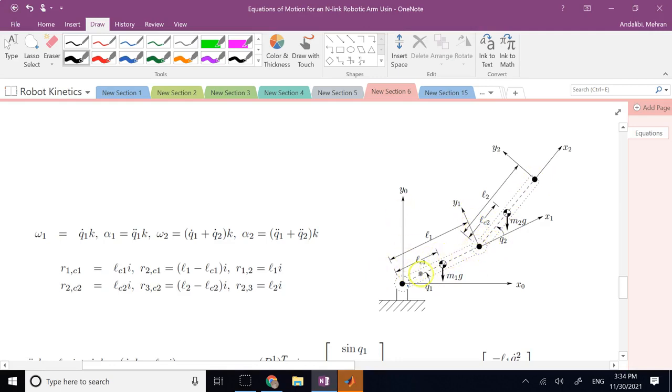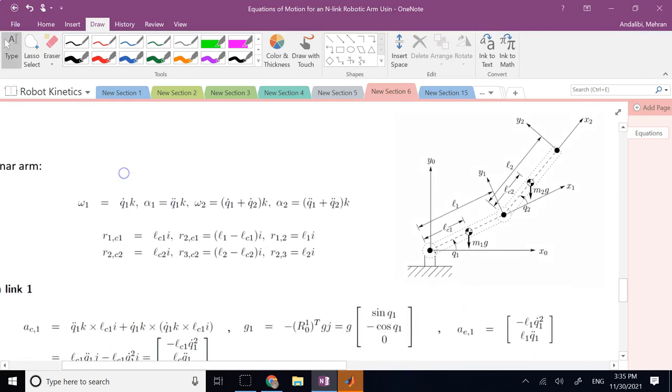The coordinate frames of Denavit-Hartenberg are shown, frame 0, frame 1, frame 2. So now we have to start with the forward recursion, finding omegas and alphas, and then go to backward recursion and find F's and taus. So here, let's do the forward recursion. We know that omega of 0 is 0.